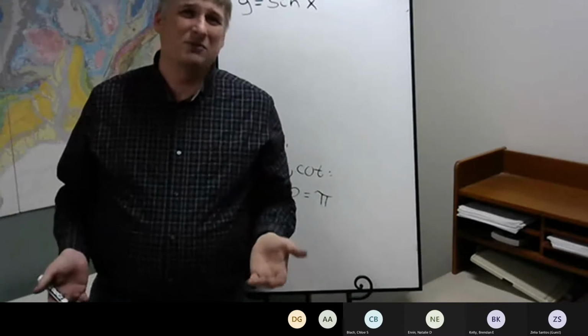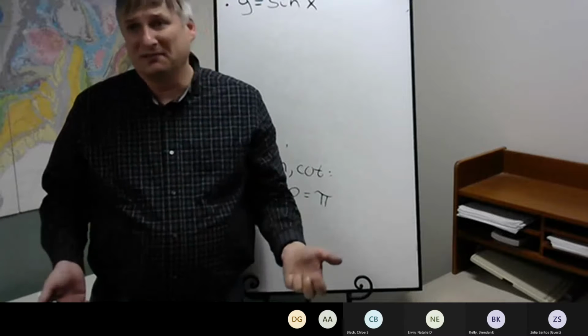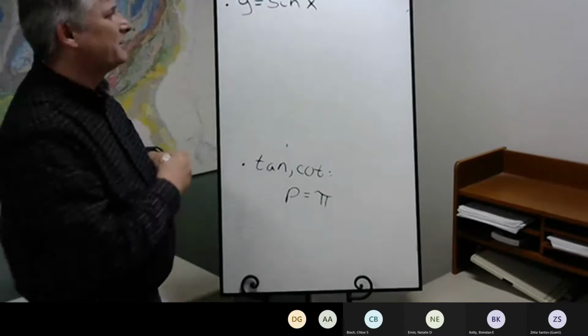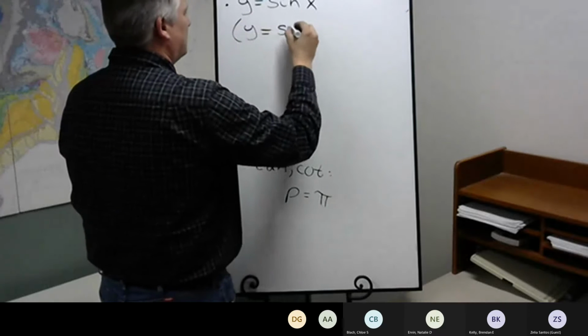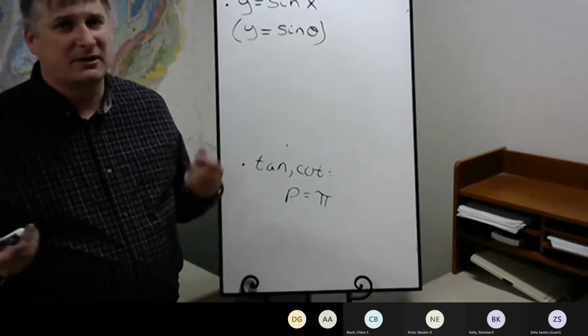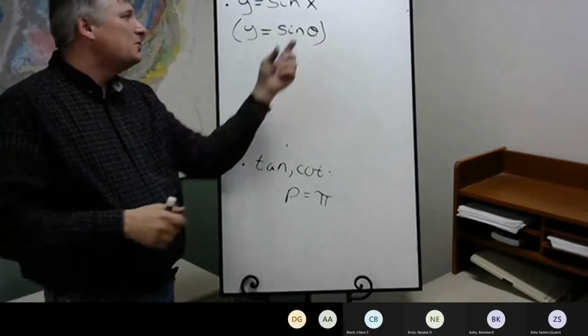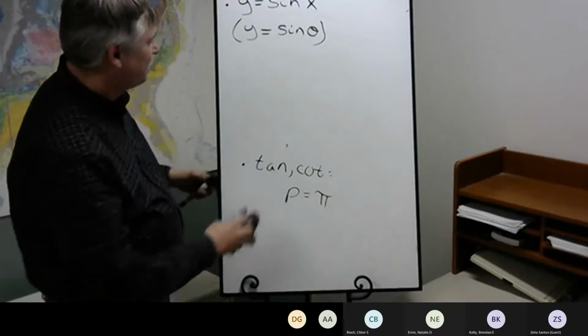So this can be a little confusing when you're dealing with the unit circle, unfortunately. Technically, what you should say if you're looking at your unit circle is y is sine of theta, where you have a theta axis instead of an x-axis. But I'm going to use this notation anyway. We're going to use x now as the angle.